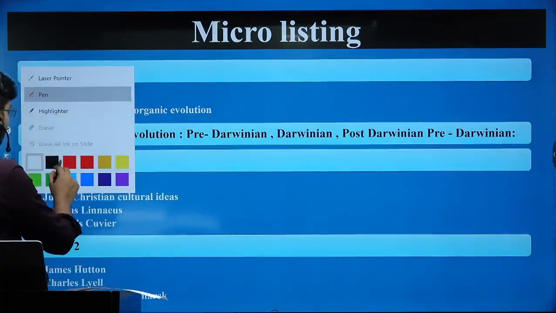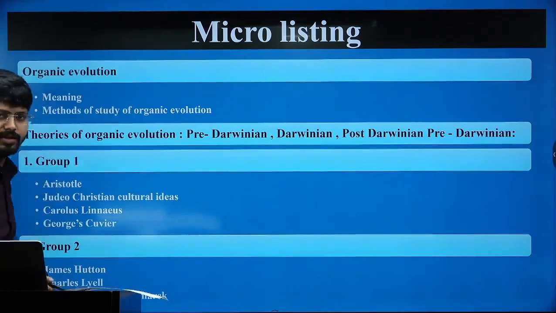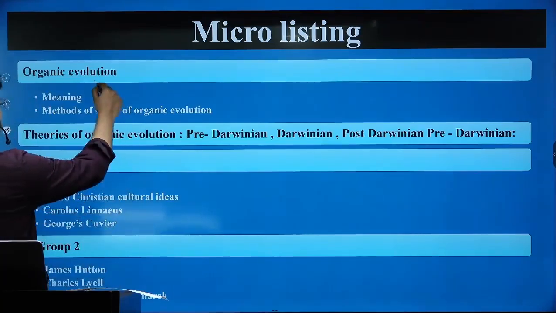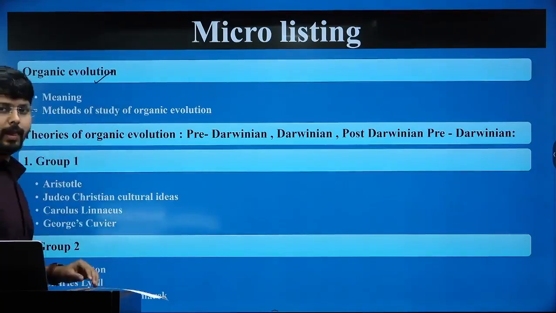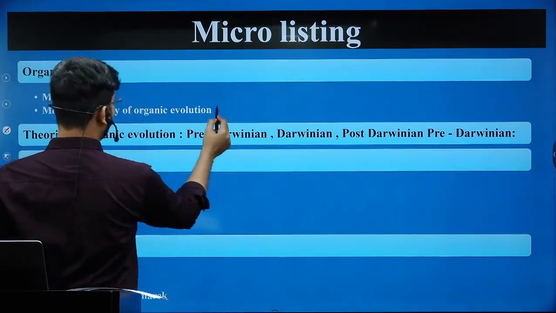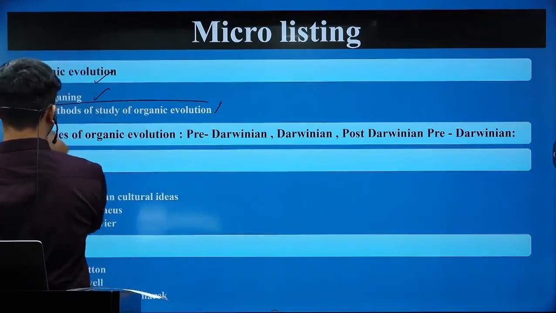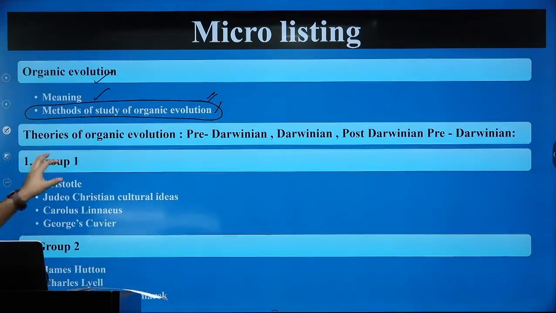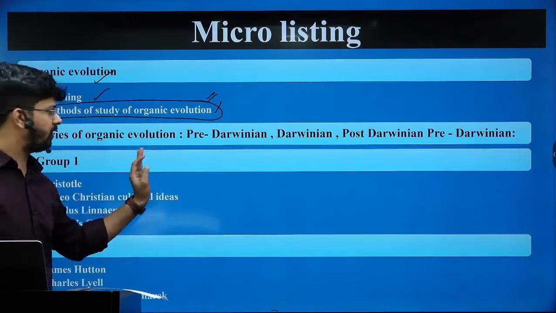Now we'll look at what's given in the syllabus, and after that we'll take up one by one. First, what is organic evolution, its meaning, and what are the different methods of studying organic evolution. Though this is not part of the syllabus, we should know about it. Next, what are the different theories of organic evolution.